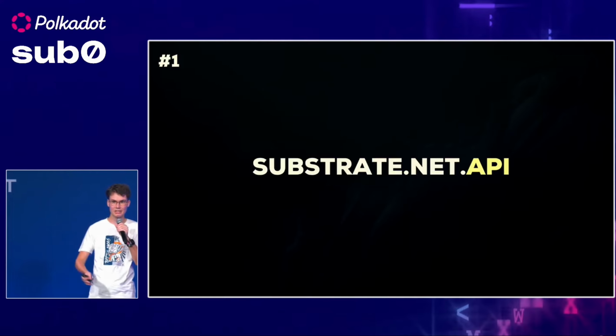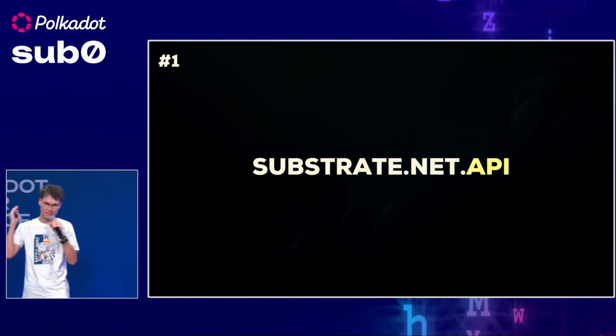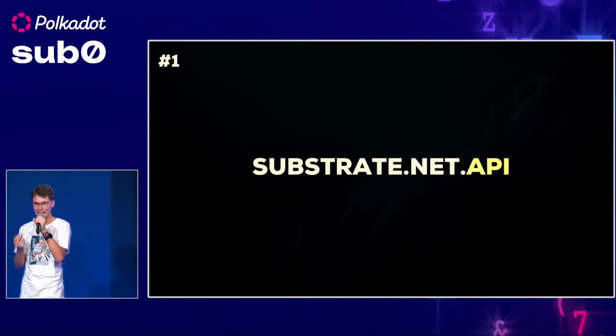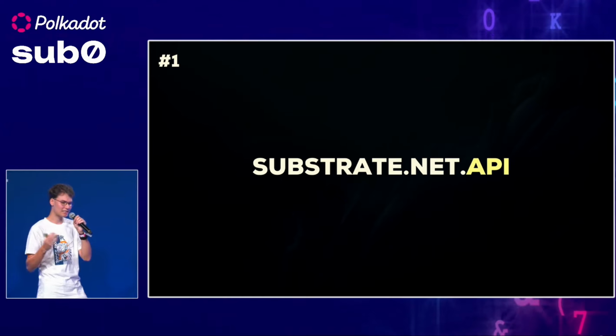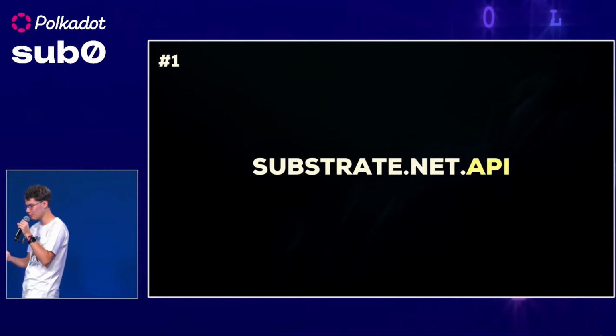And it consists of multiple parts. And I will start with the first part, which is called Substrate.NET API. It's the base of this Unity SDK. It can be easily compared to, for example, Polkadot.js API.